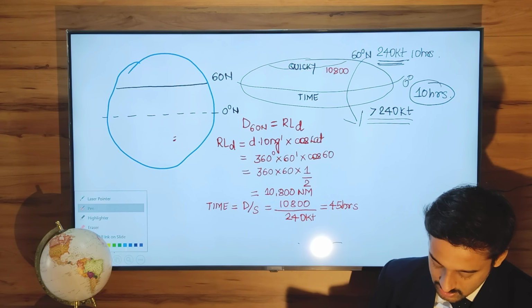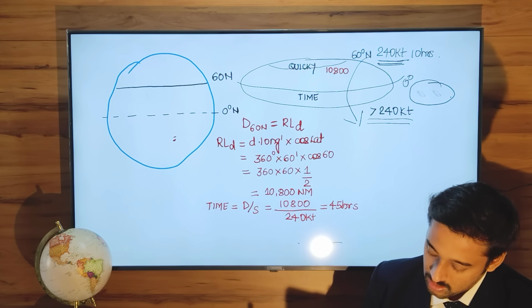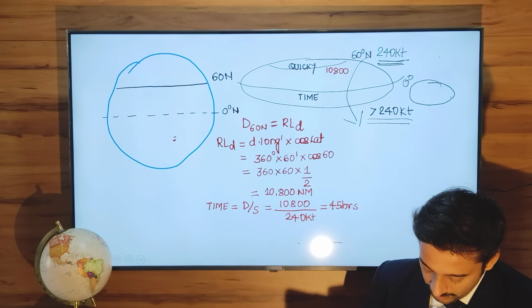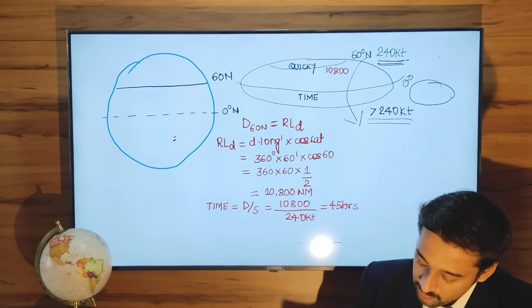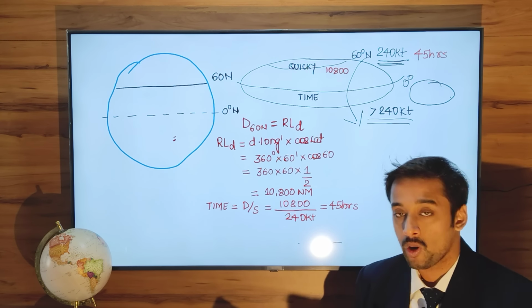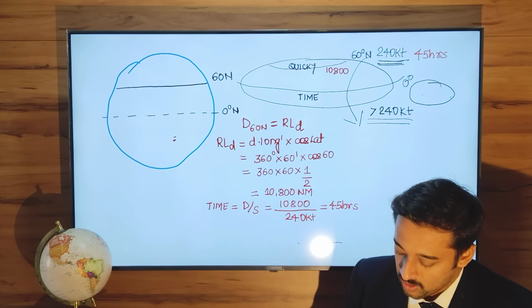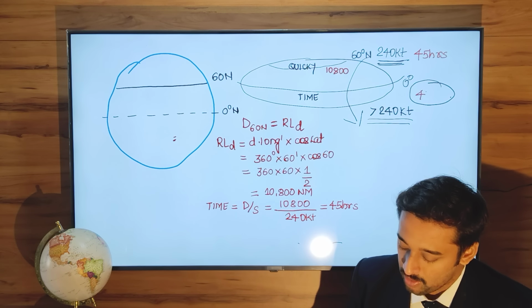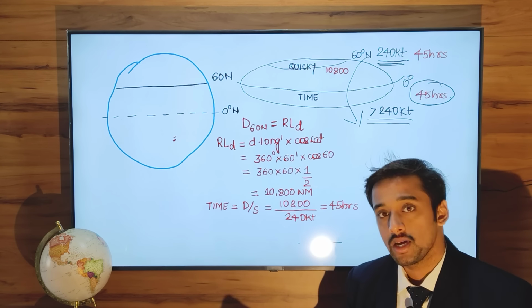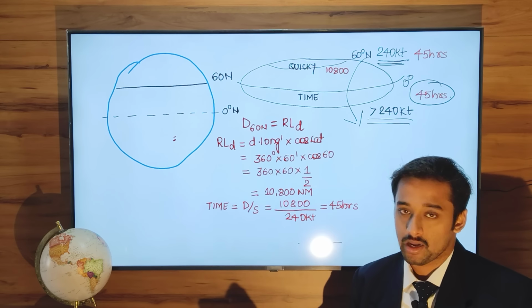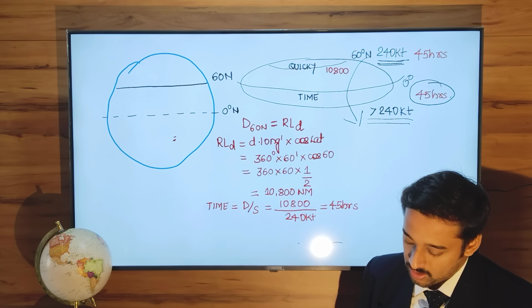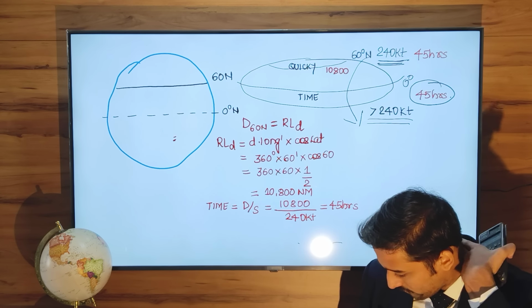That means you have covered 10,800 miles in 45 hours at 60 degrees north latitude. Now you have to cover, in the same amount of time, that is 45 hours, the whole distance at the equator. So now let's come down to the equator.